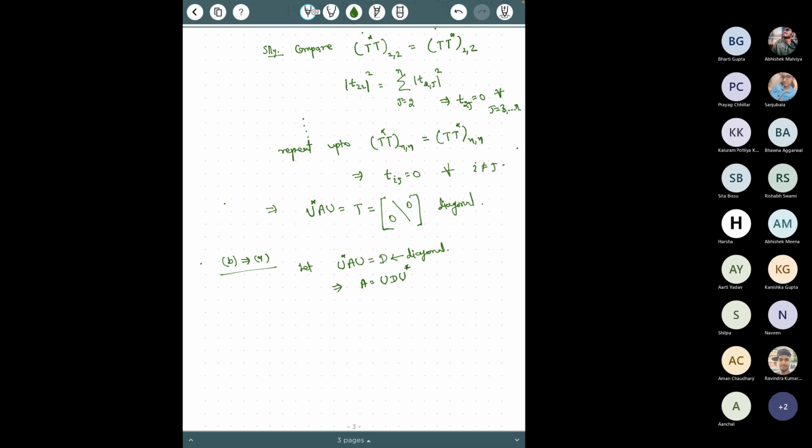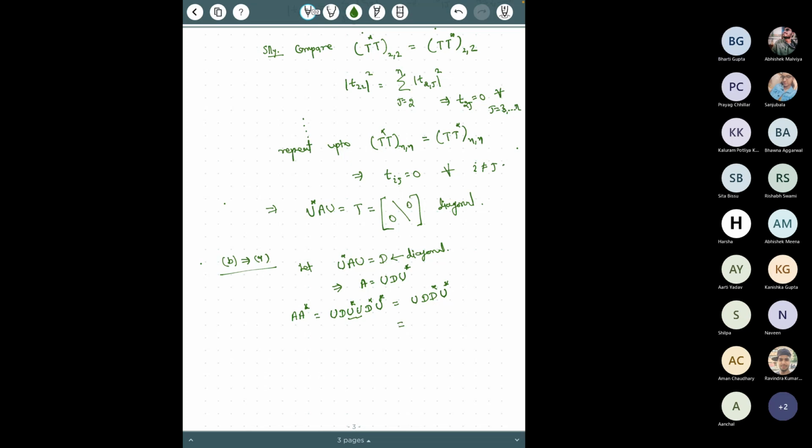Now you check, it is very easy. What is AA star? AA star is UD U star, and then A star would be U D star U star. So this is clearly equal to U D D star U star, because in the middle it is identity, since U is unitary.